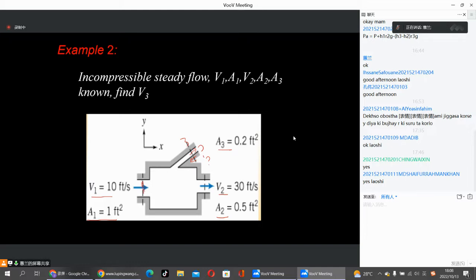As we said, the control volume is a closed shape, right? So the control volume we choose should be section 1 plus the solid boundary. For the solid boundary, no flow can cross it, so you can ignore the solid boundary, but we know it is part of the control volume.